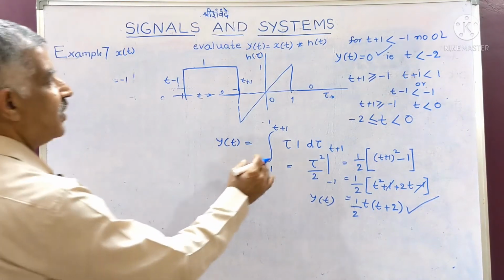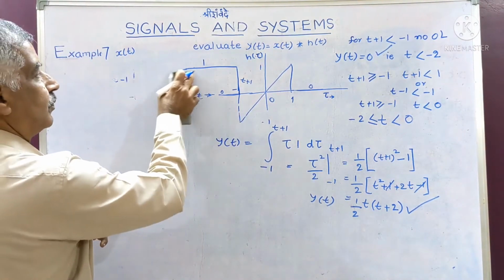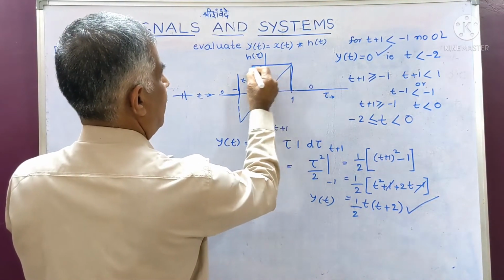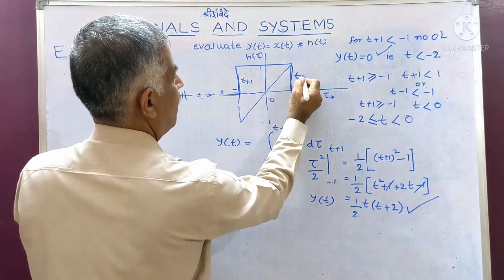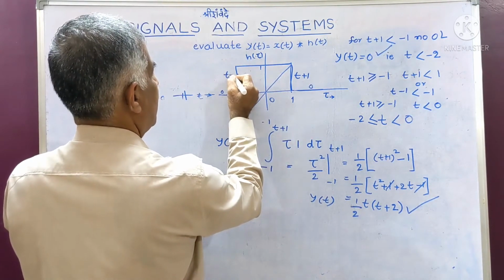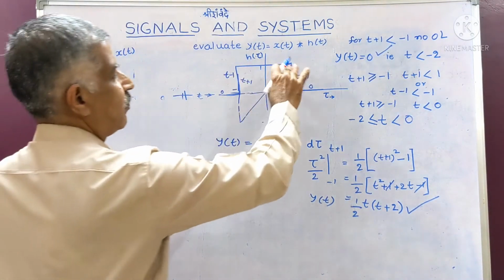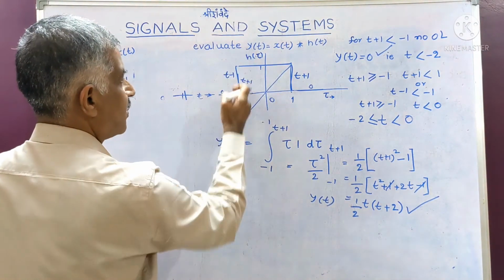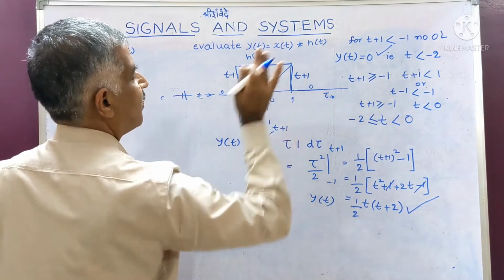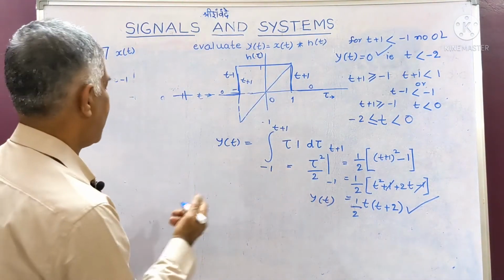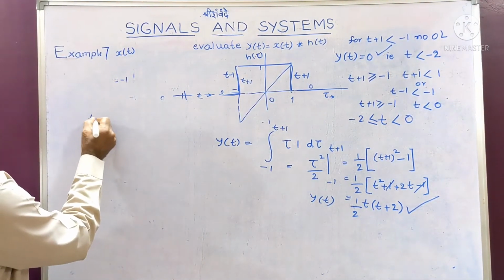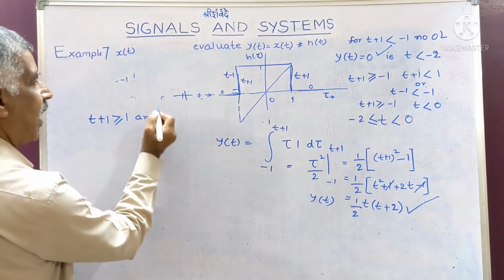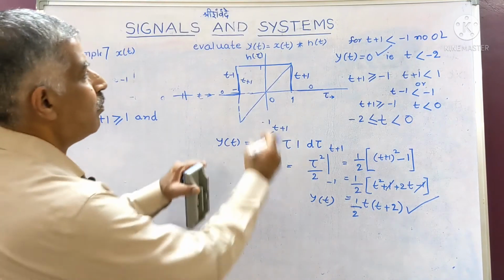Next, now the waveform has come here. This is the t plus 1 edge. This is the t minus 1 edge. Now the t plus 1 edge will come out of the waveform. So now only this edge will sweep across this region and overlapping takes place. Therefore, t plus 1 greater than or equal to 1, and how long will you move this?